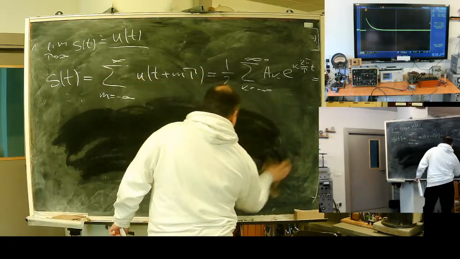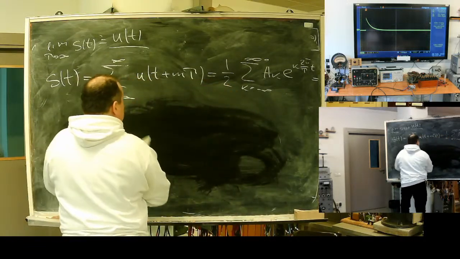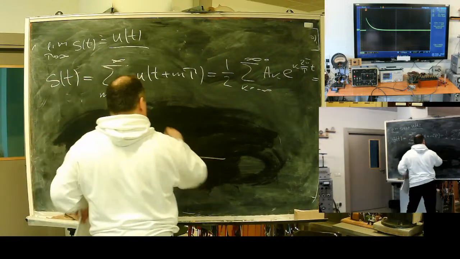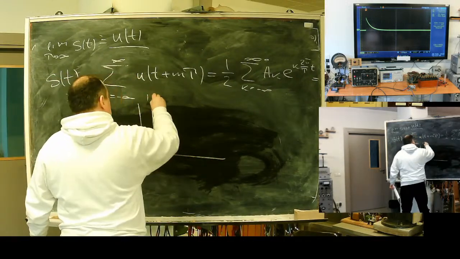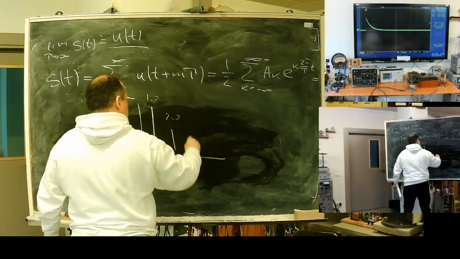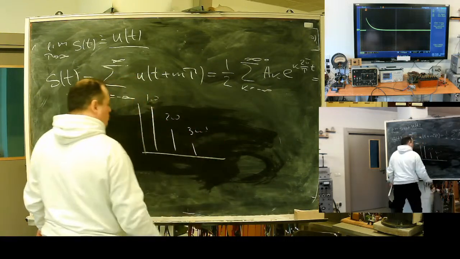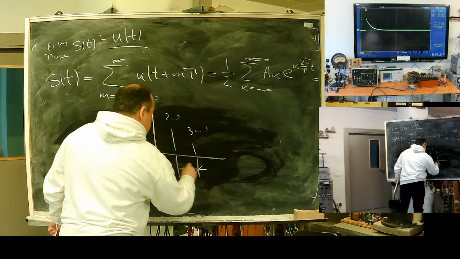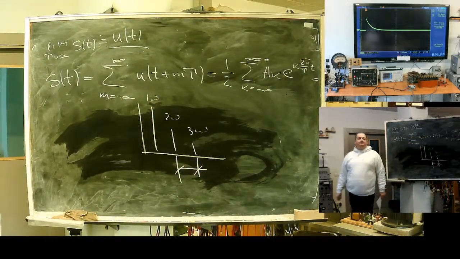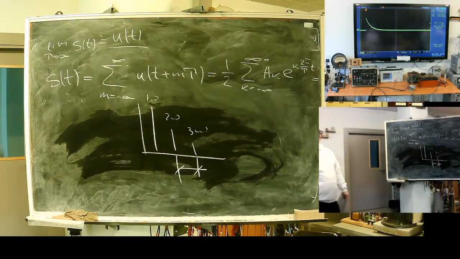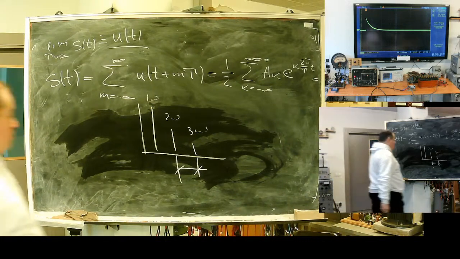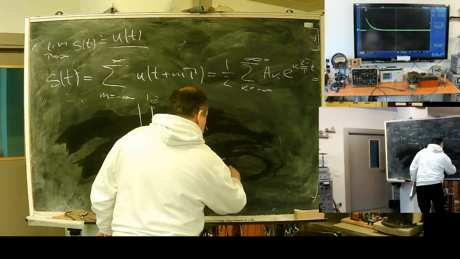One simple remark. We have a spectral diagram. 1 omega, 2 omegas, 3 omegas, and so on. What's the distance between spectral lines? One frequency. It's 1 omega.